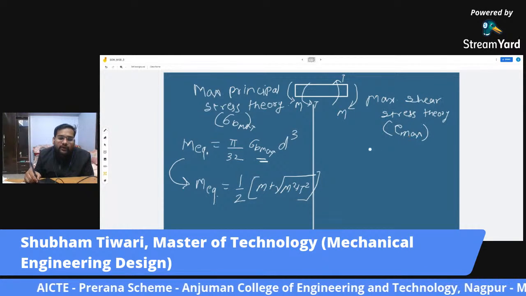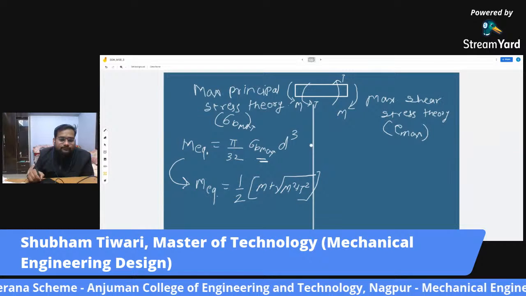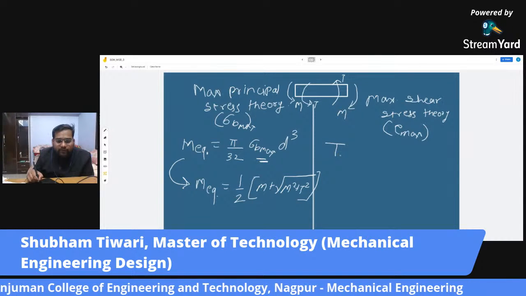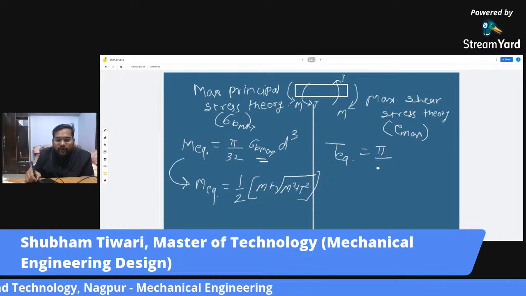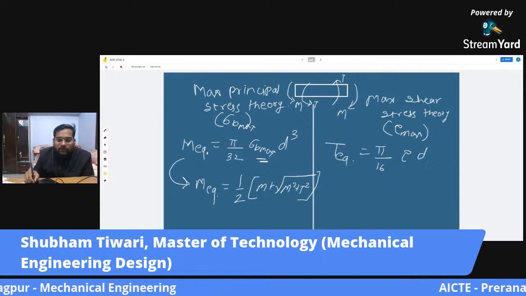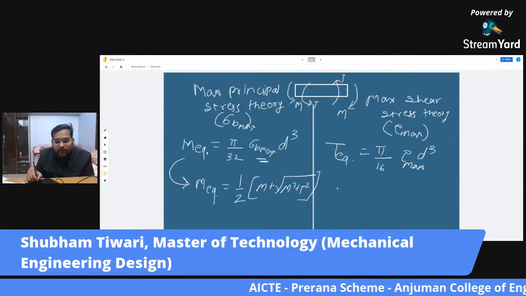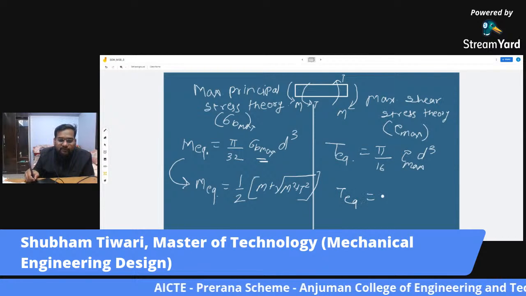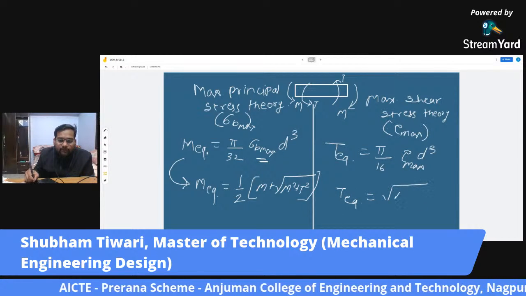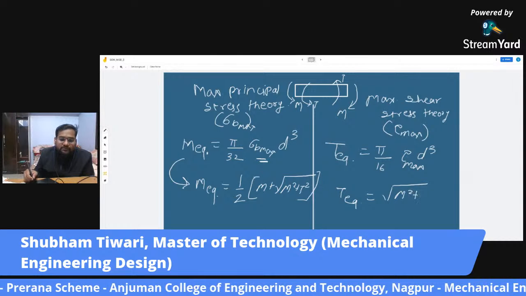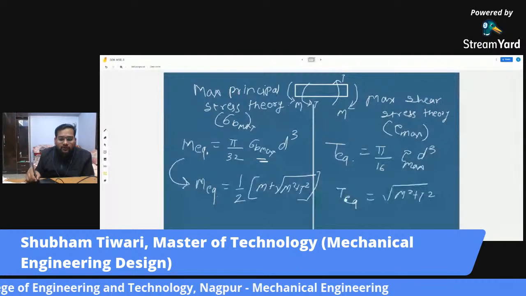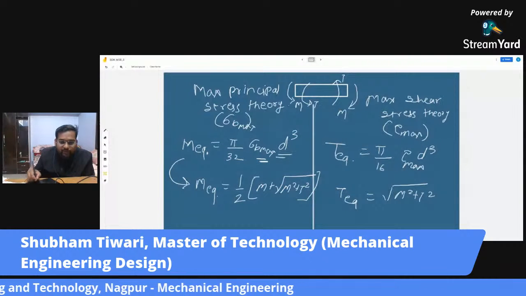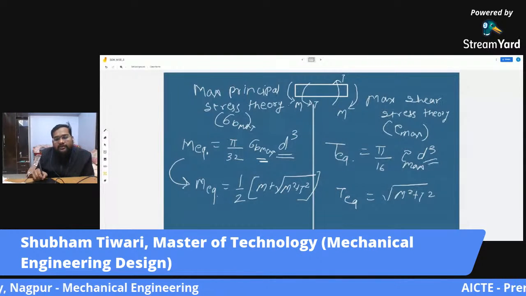So what we are going to do is equate it with an equivalent twisting moment, and the formula for twisting moment is pi by 16 tau d cube, but here it will be the maximum shear stress. Now this equivalent twisting moment is equal to under root of M square plus T square. So this is how we have to find the values of the diameter from both of these equations.